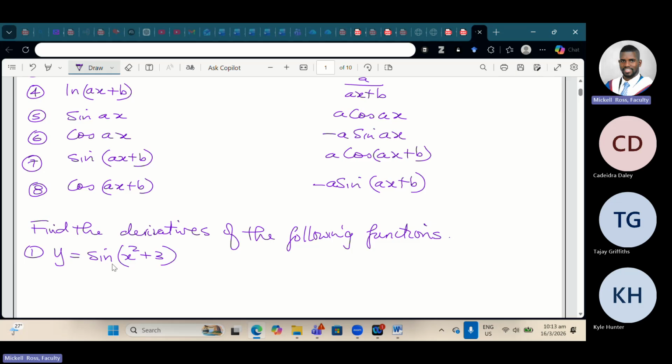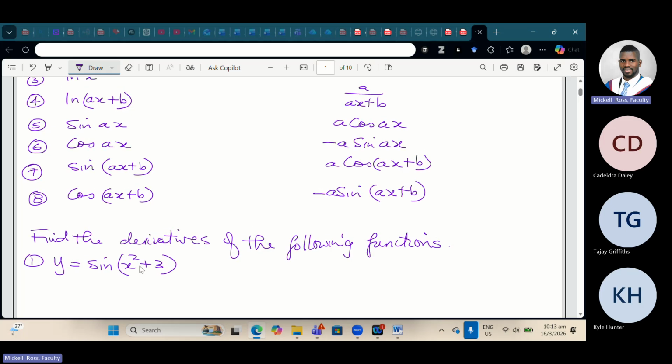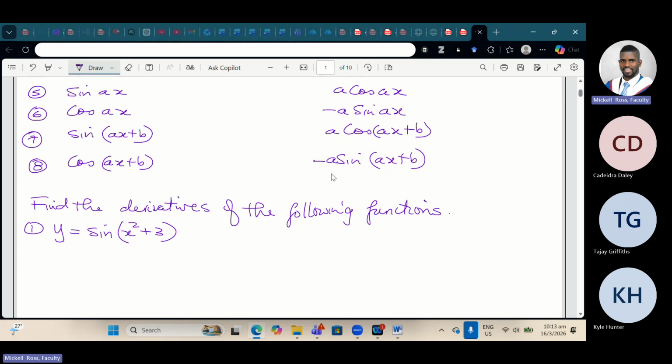So we have y is equal to sine of x squared plus 3, right? Notice it would be in this form, the ax plus b. So when we differentiate, we can use the chain rule to differentiate it, as well as we can just use the regular differentiation rule. So how we do it is this.